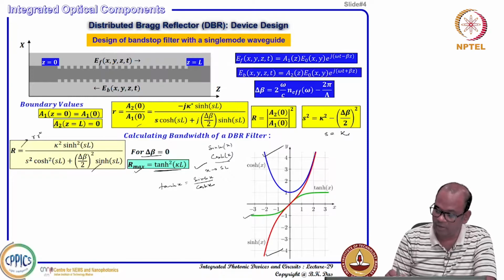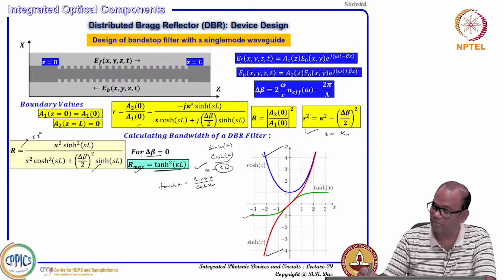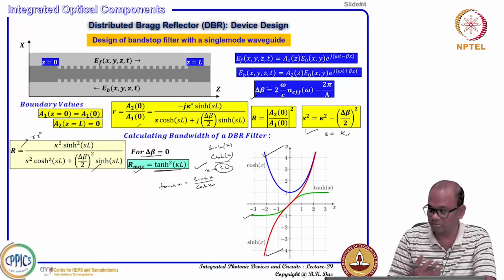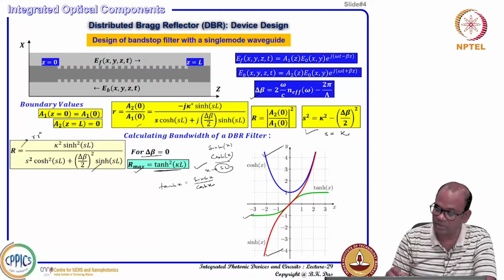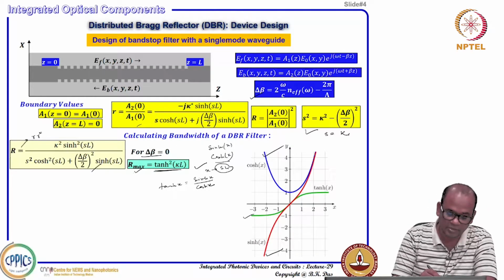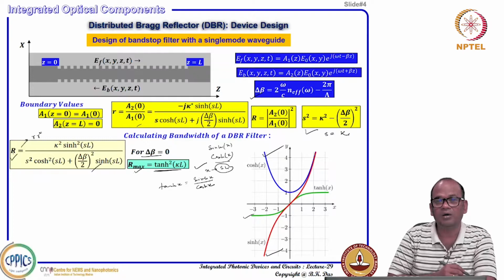So if SL, where S is defined by kappa or delta beta, is detuned, then we know how the sine hyperbolic and cos hyperbolic functions vary with that parameter, and we will eventually get the results for the power reflectivity of the DBR structure.